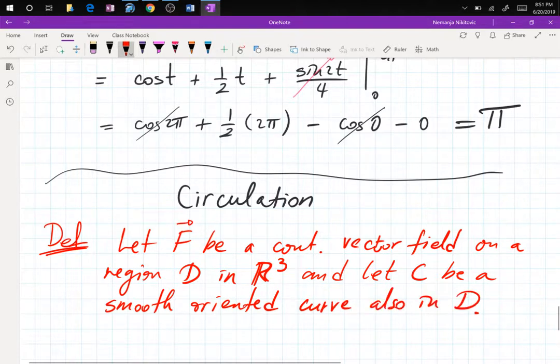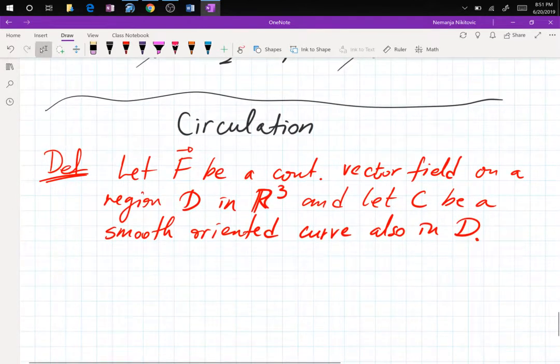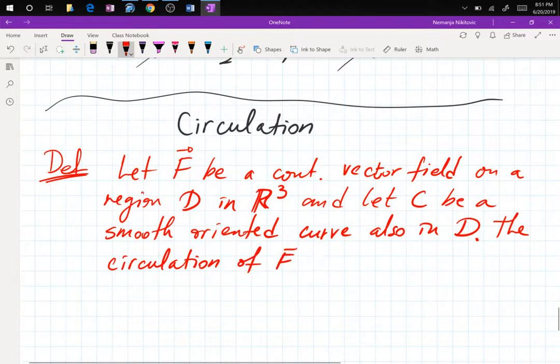The circulation of vector field F on C is given by the line integral F dot T, and we know what T is, T hat, right? ds.